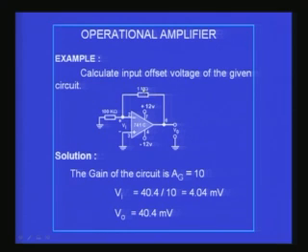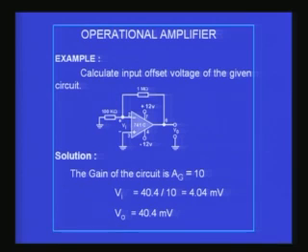Because RF is 1 mega ohm, the gain of the amplifier is 10. So, if the output voltage that I measure is 40.4 millivolt, just using a multimeter for this configuration, then I can calculate what should be the input offset voltage, because I know the gain and I know the output voltage.